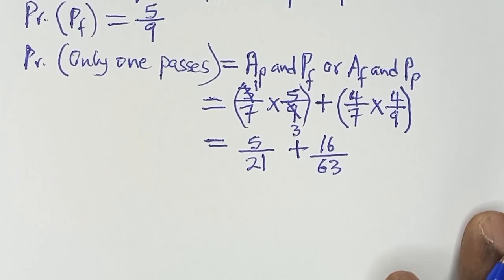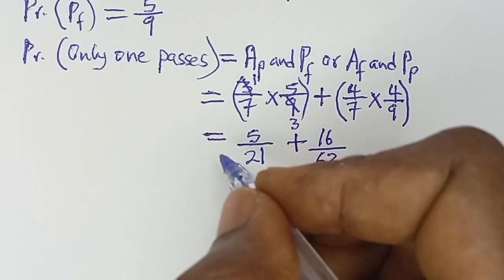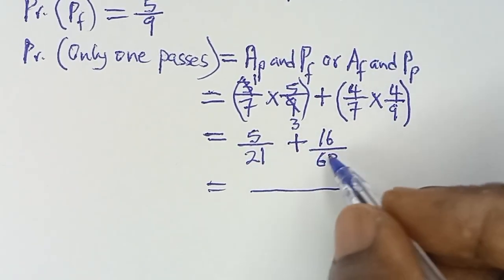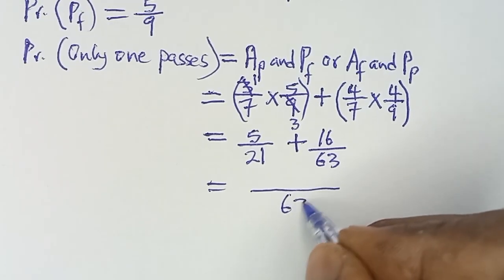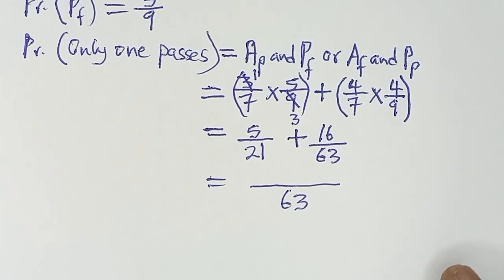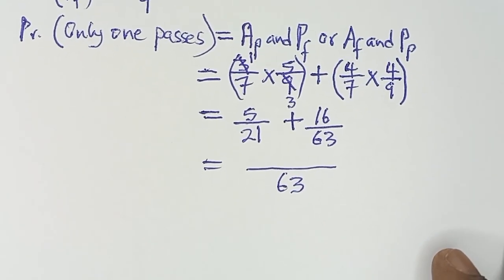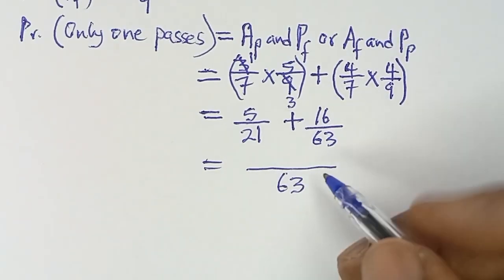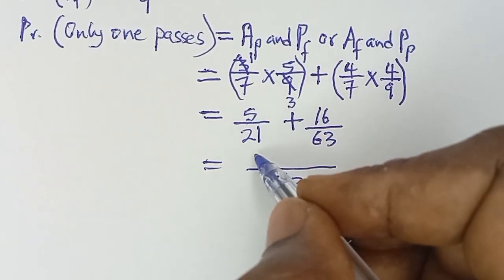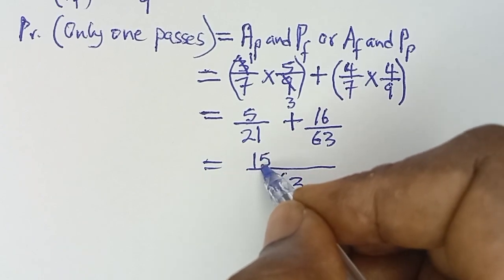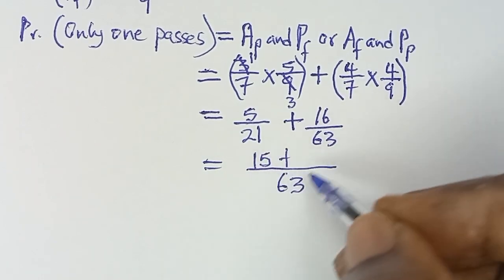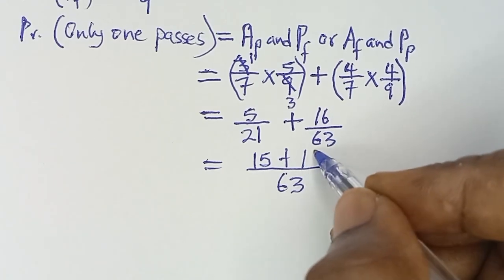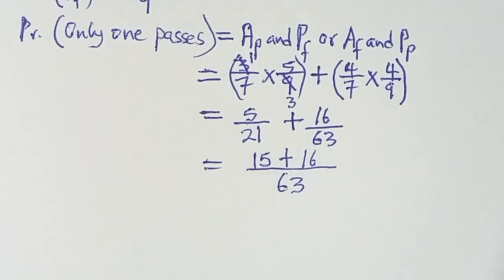So we can now simplify further. The LCM of 21 and 63 is simply 63. So 63 divided by 21 is going to give us 3, and 3 times 5 is 15. Then plus 63 divided by 63 is 1, and 1 times 16 will give us 16.